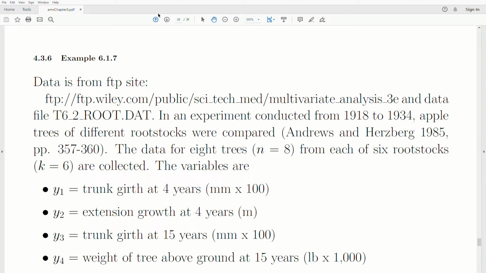So the data that we're going to use is from an FTP site given here, and the data is T62 root, and it's an experiment conducted from 1918 to 1934 on apple trees of different rootstocks. Now, a rootstock is the actual root system of the tree.